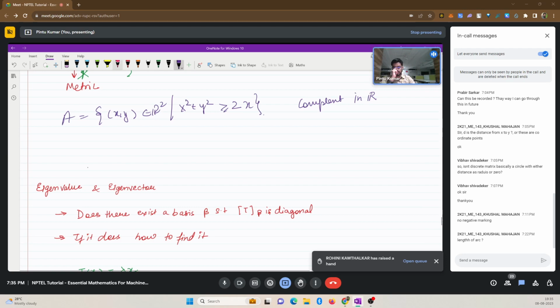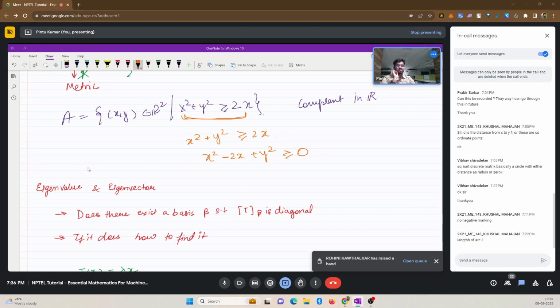This is, I think, quite a simple one. You have been given a condition here, right? x square plus y square is greater than or equal to 2x. So directly, x square minus 2x plus y square is greater than or equal to 0.